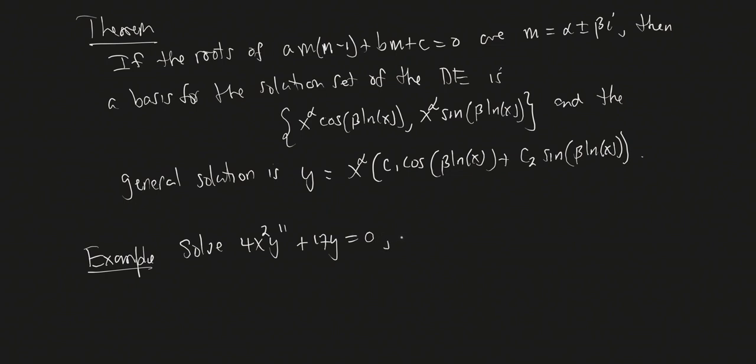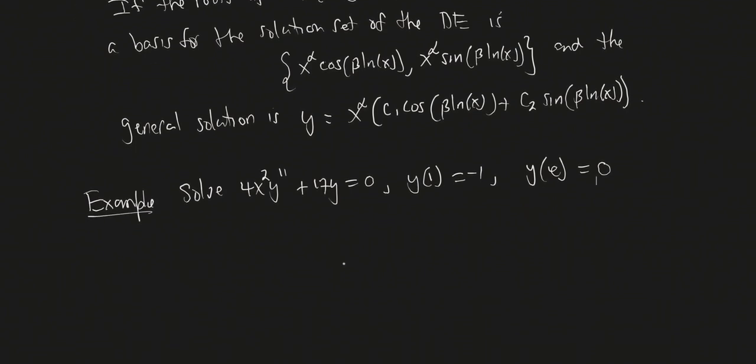So we'll have y of 1 is equal to negative 1. Actually, you know what? Let's make it a boundary value problem. Let's say y of e is 0. All right. So this is a BVP. We haven't solved one of those in a while, but let's say we have this BVP.